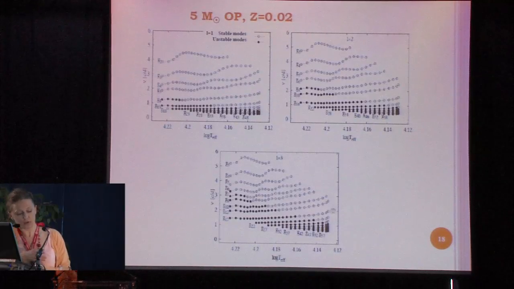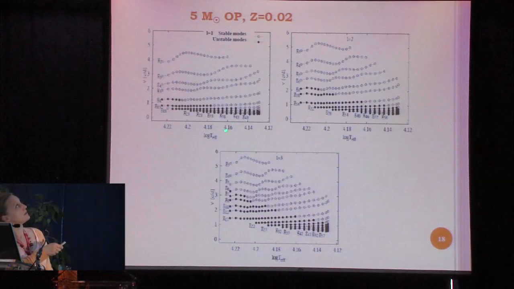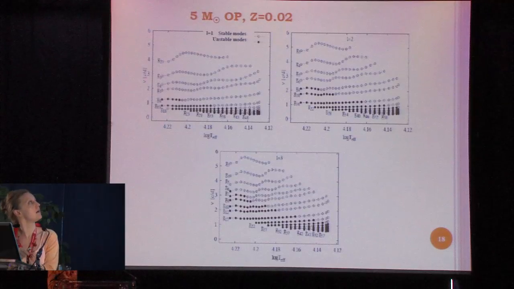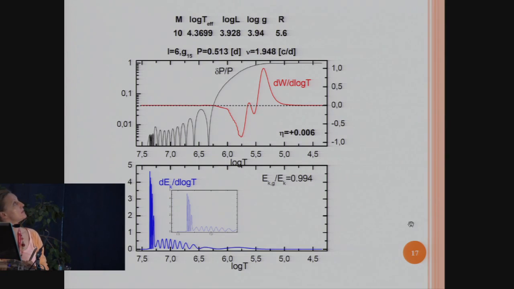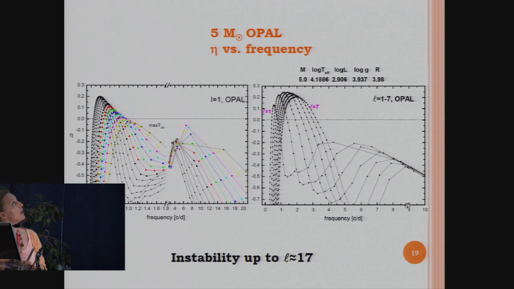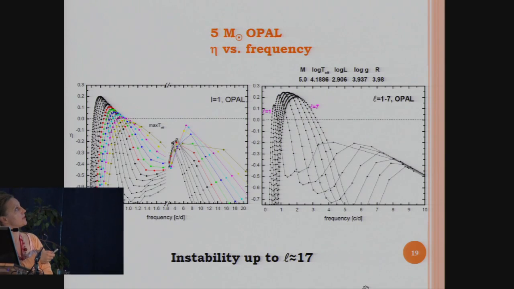And this is the evolution of frequency for modes excited in models with 5 solar masses. This is L equal 1, L equal 2, L equal 3 modes. And this is the evolution of the instability parameter eta.